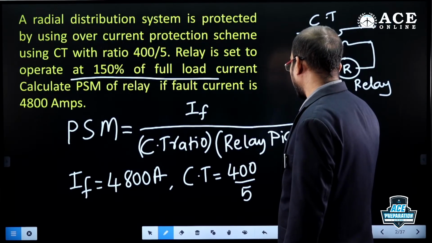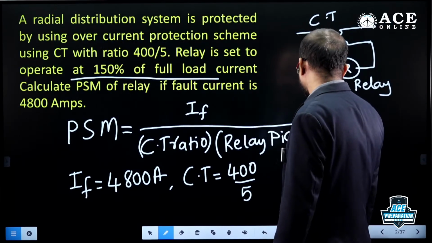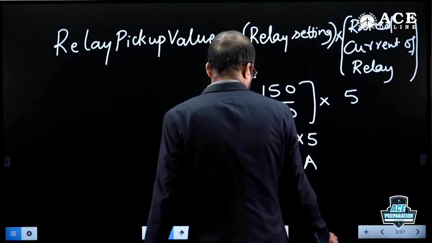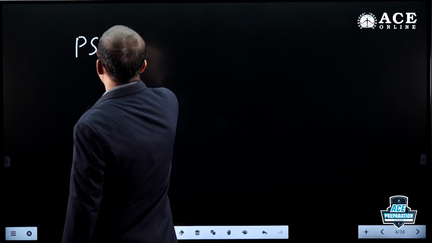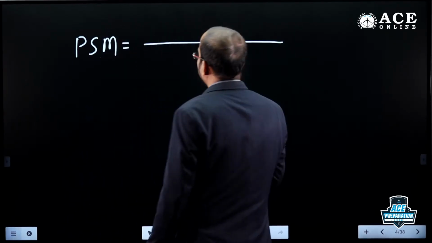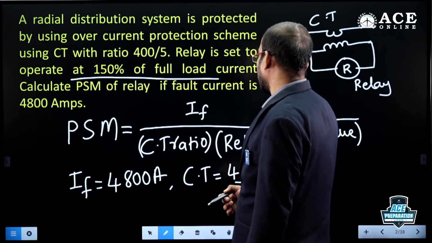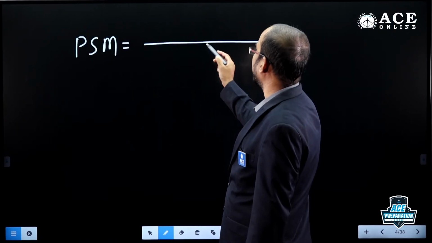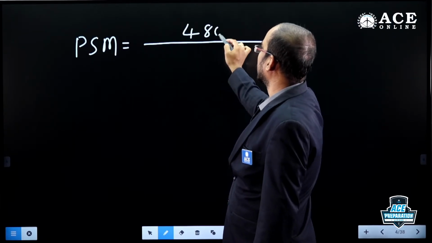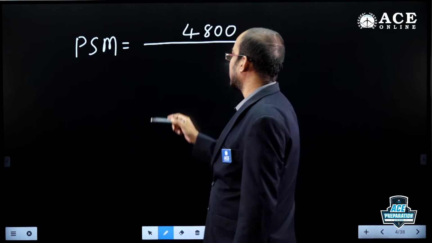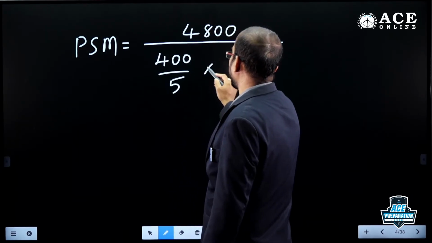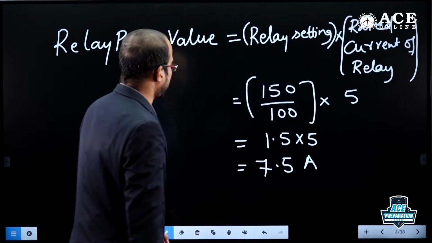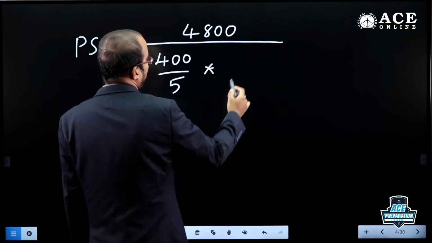Now can we substitute here and calculate the value of PSM? Yes. So PSM is equal to the current given in the question, 4800 amperes, by the CT ratio, 400 by 5, and the relay pickup value we have just calculated, 7.5 amperes.